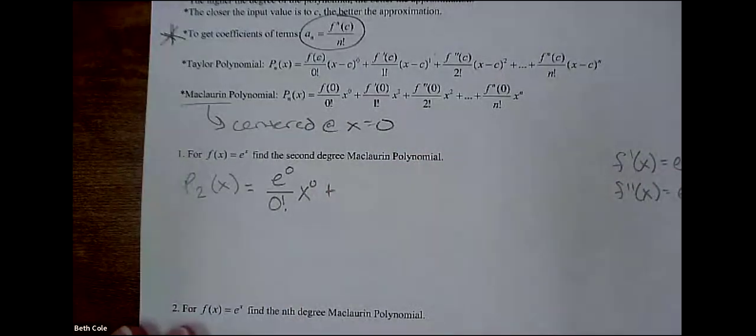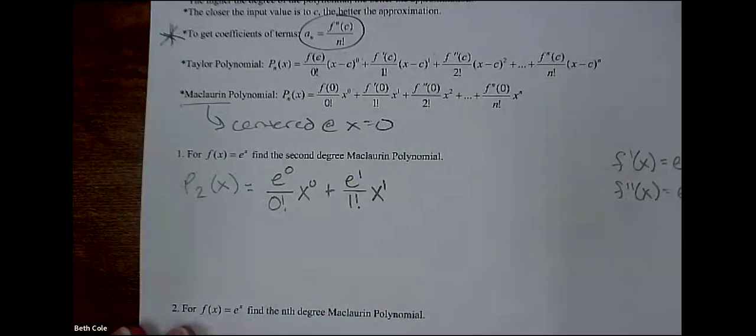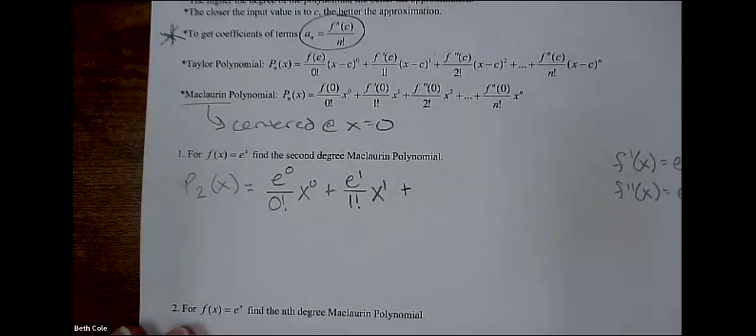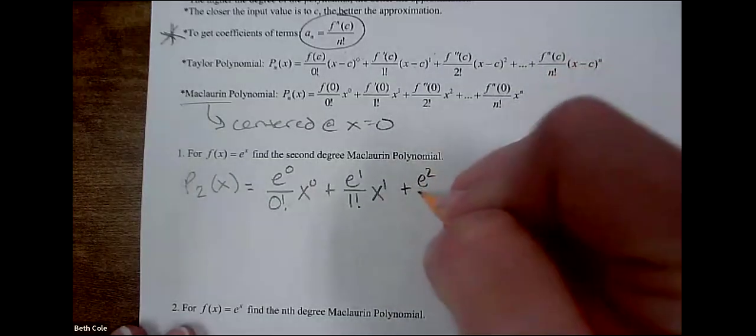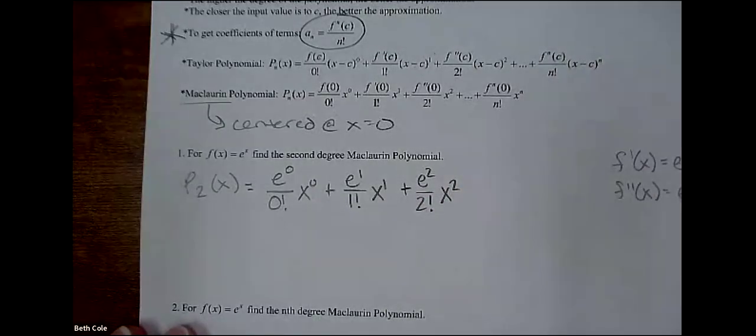Plus, and then you're going to do your first derivative, which is also e to the x. So it's going to be e to the 0 over 1 factorial, x to the 1. And then anyone want to give a try what the last one would be? Yeah, e to the 0 over 2 factorial, x squared.